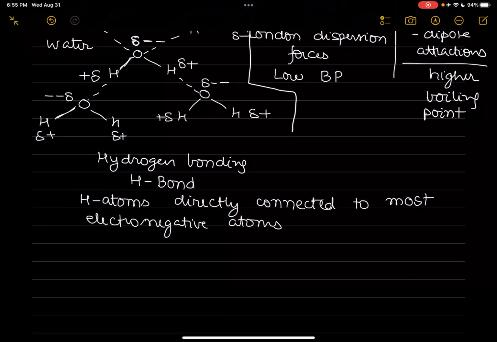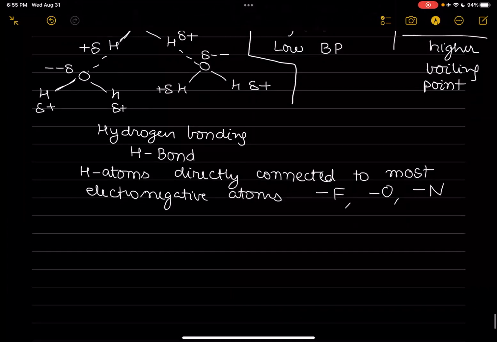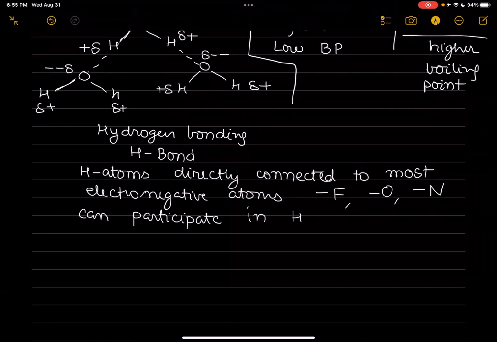And the three most electronegative atoms are F, O, and N. Is it clear?